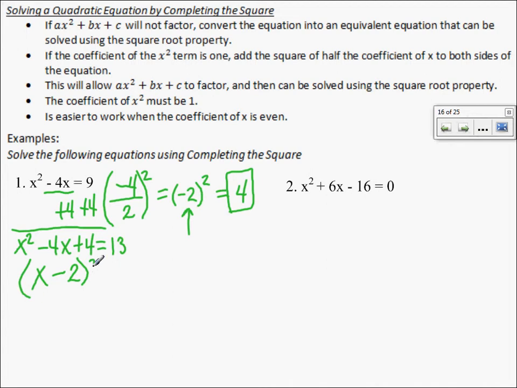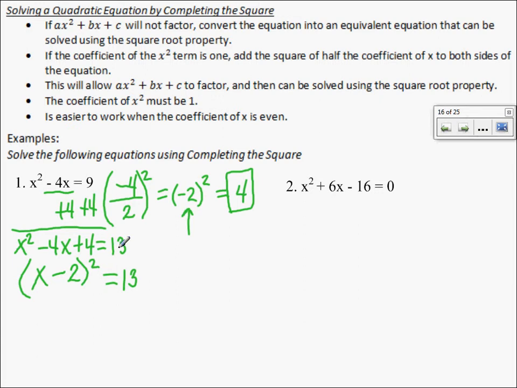Put parentheses around it and square it, equaling the number that we had before, which was 13. From this procedure, we either could factor this into x minus 2 and x minus 2, which combine to give you x minus 2 squared, or you could just take our procedure, and the second step after dividing by 2 before squaring is the number that you'll place in there with x, making the whole term squared.